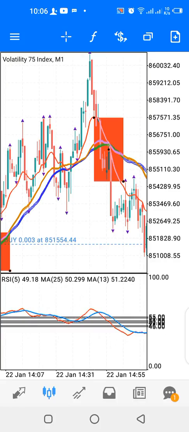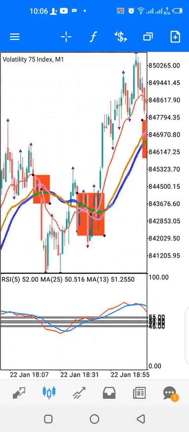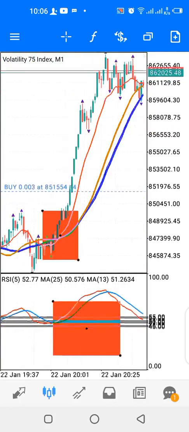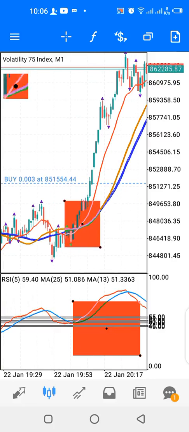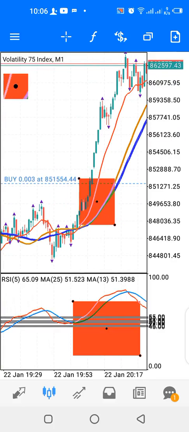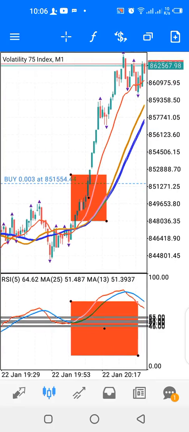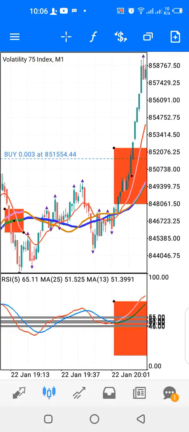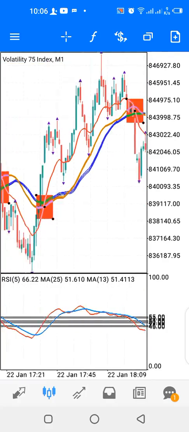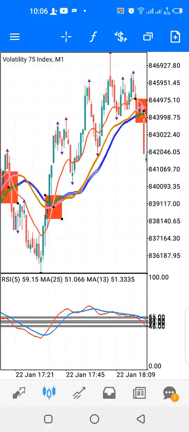And if you look at what happened, because it's up around here, I entered my buy trade somewhere around here, and see what price is doing. So that's basically how to use the indicators on the main chart.